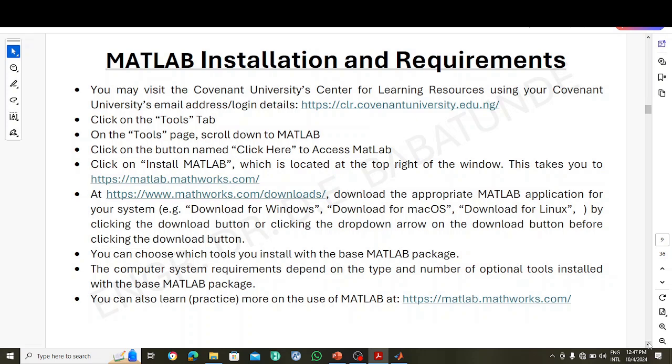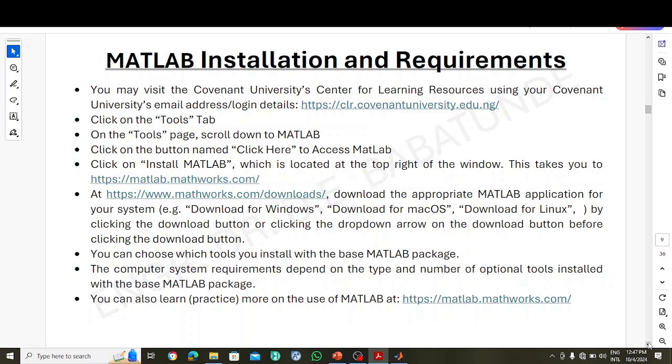Okay, so I thought we have internet access here. So that is why I included this part, MATLAB installation and requirements. So credit to the school management and CLR. So there is a licensed copy of MATLAB for everyone to use. I think I called one of the staff there yesterday and she told me that students can also use it.